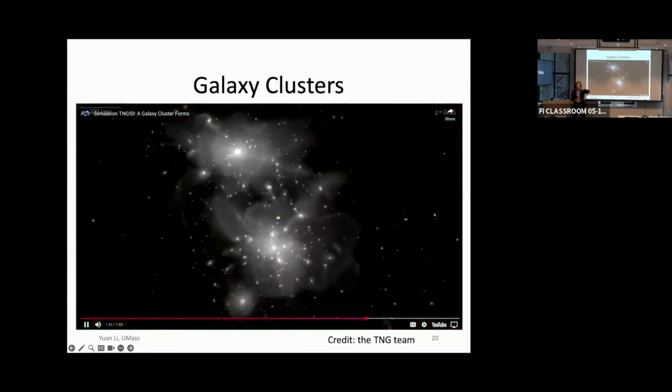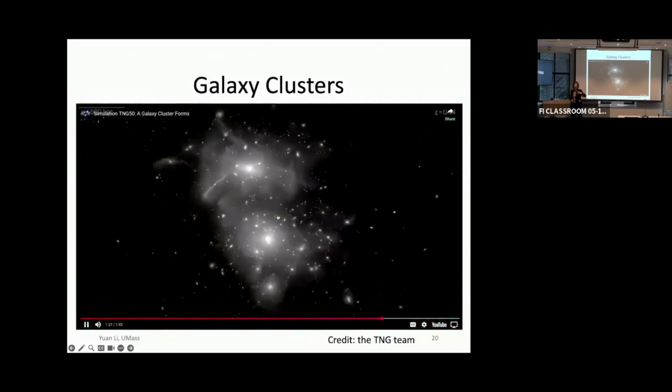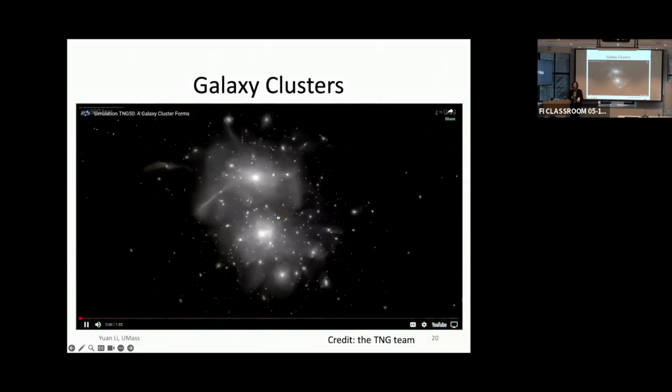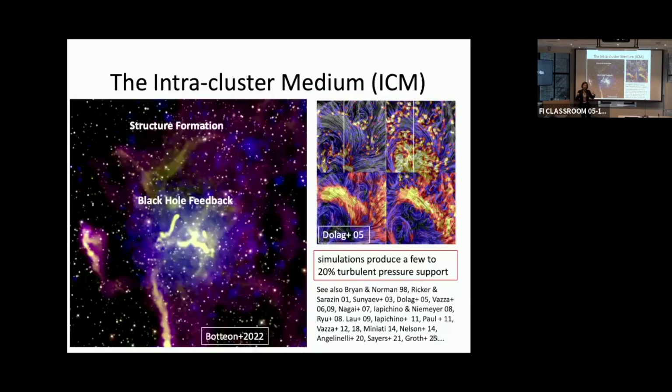They exist in the form of very hot and diffuse gas, or plasma, called the intracluster medium. It's this blue stuff. And hopefully you wouldn't be surprised that with all the mergers going on, there's turbulence driven by these structure formation processes. And simulations have typically produced a few up to 20% of turbulent pressure support in galaxy clusters.